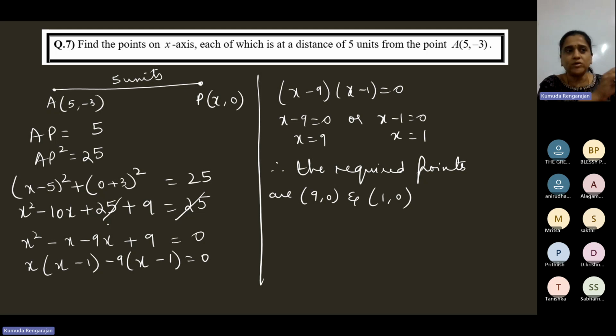Any point you take on the x-axis will be of the form x comma 0. So see the representation. We have taken point A, 5 comma minus 3, and the point P, which is on the x-axis, with address x comma 0.